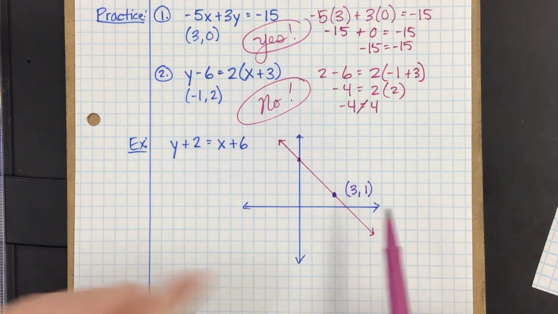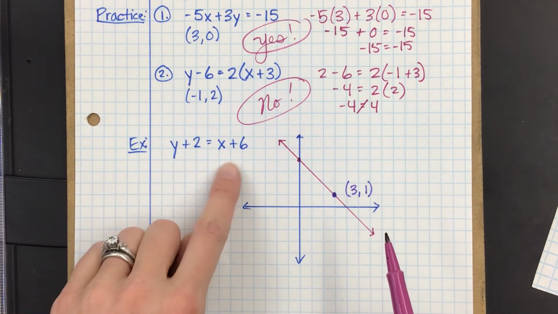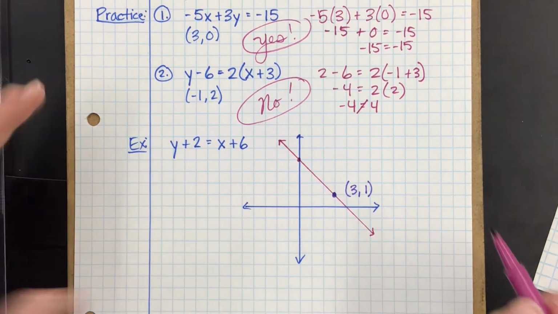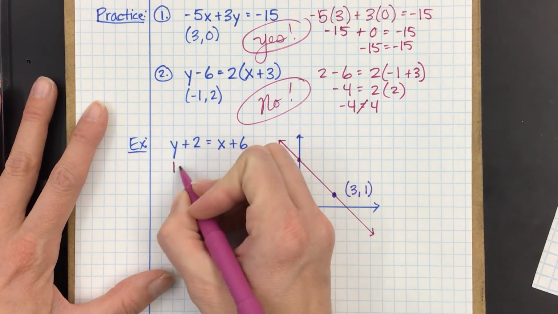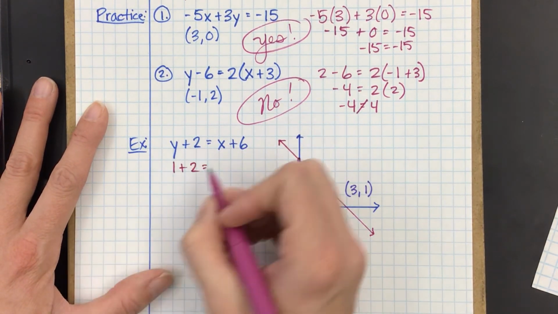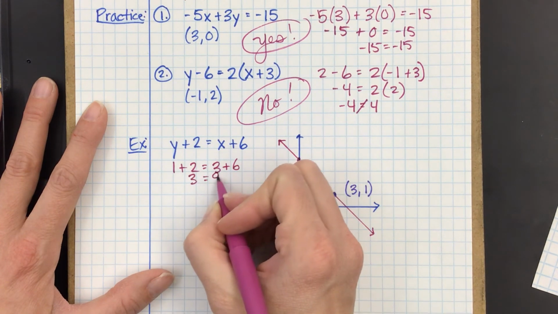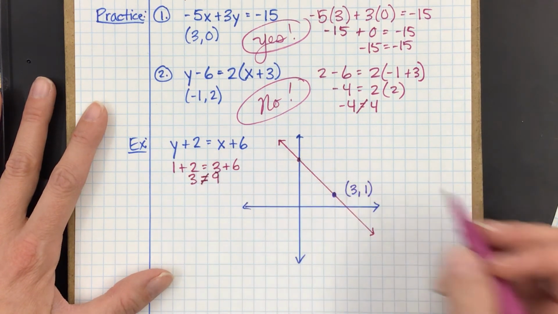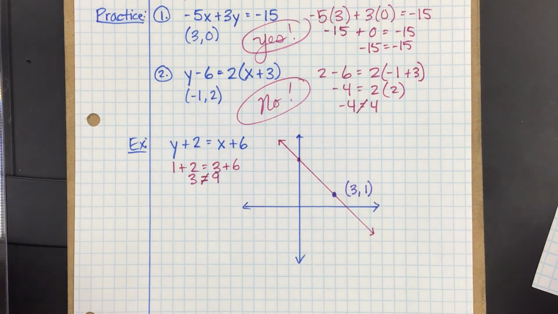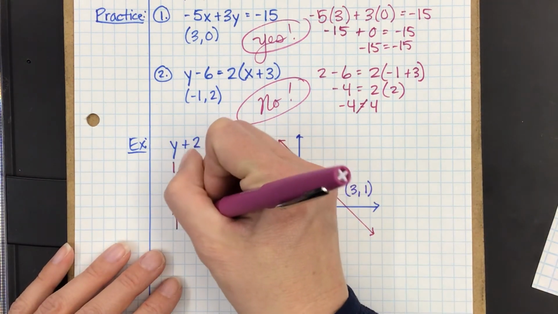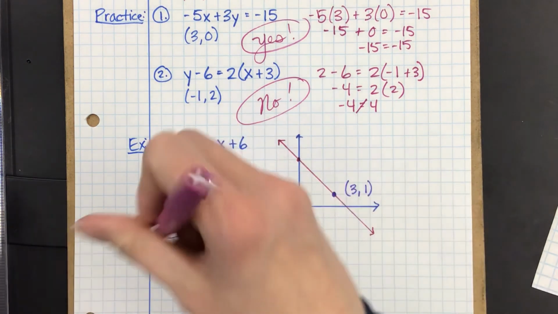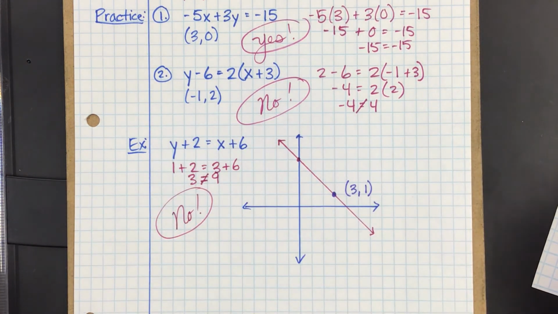So I'm going to plug in 3, 1 for my x and for my y and see if it's true. And it is not. It is not true. So we can say that no, that graph does not represent that equation.